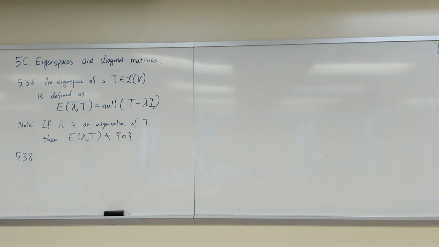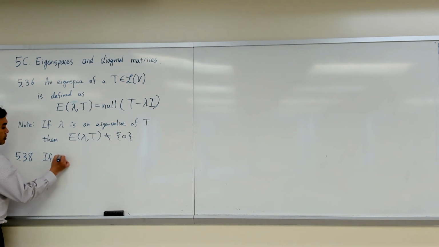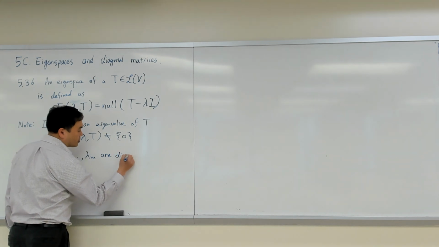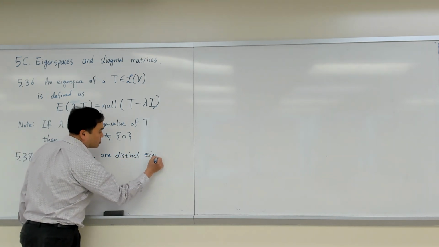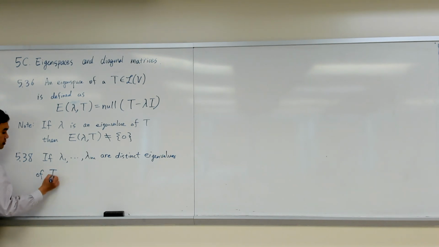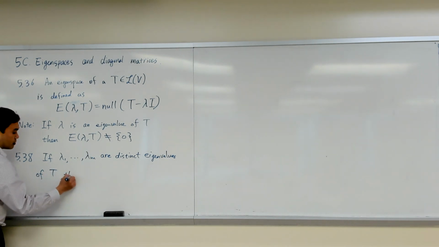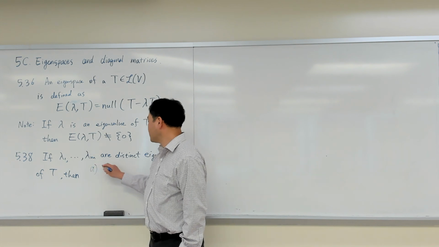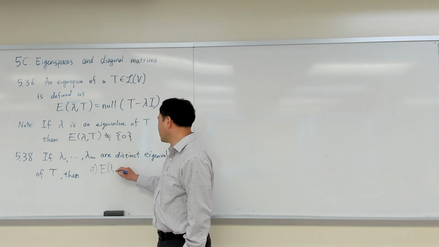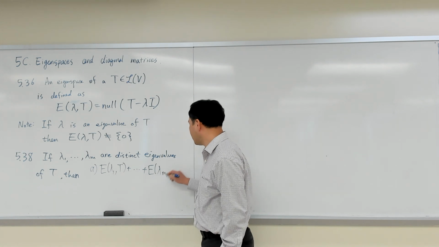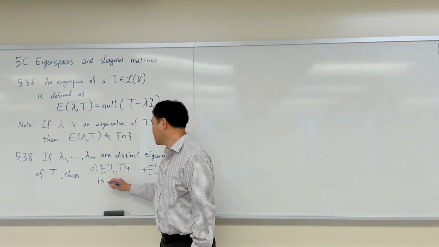Then in 5.38, it says if lambda 1 through lambda m are distinct eigenvalues of T, then number 1, E of lambda 1, T plus ... plus E of lambda m, T is a direct sum.